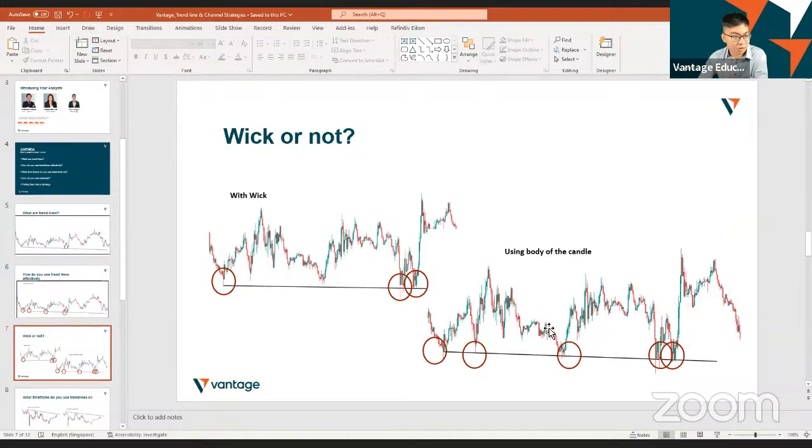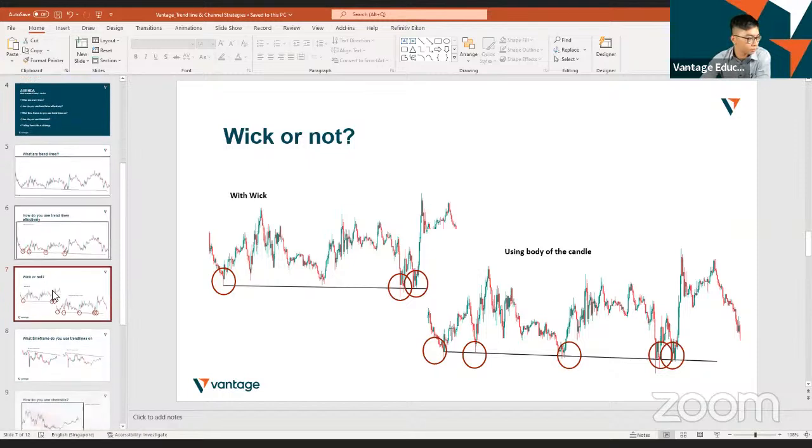Later I'll show you on the chart, not many breakouts. The candles fit nicely, not many wicks coming out, it's fine. Well, you can actually use both also for a better confluence with your trend line. You can actually use both at once.